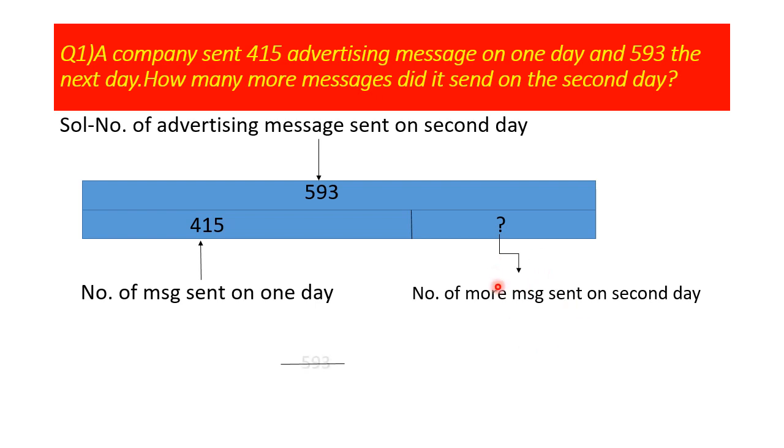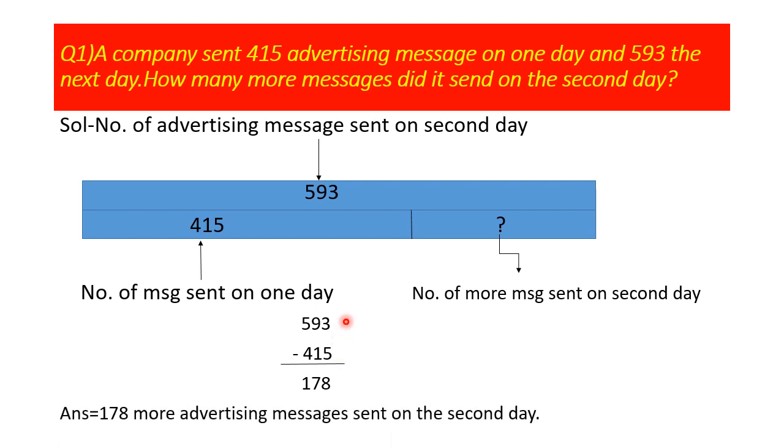So after doing this, now we need to subtract 415 from 593, and the answer which we will get is 178. So after making this bar model, we are supposed to do the subtraction like this, and then write the answer: 178 more advertising messages were sent on the second day. So I really hope that this question is pretty much clear to everybody. Let's move further to another question.